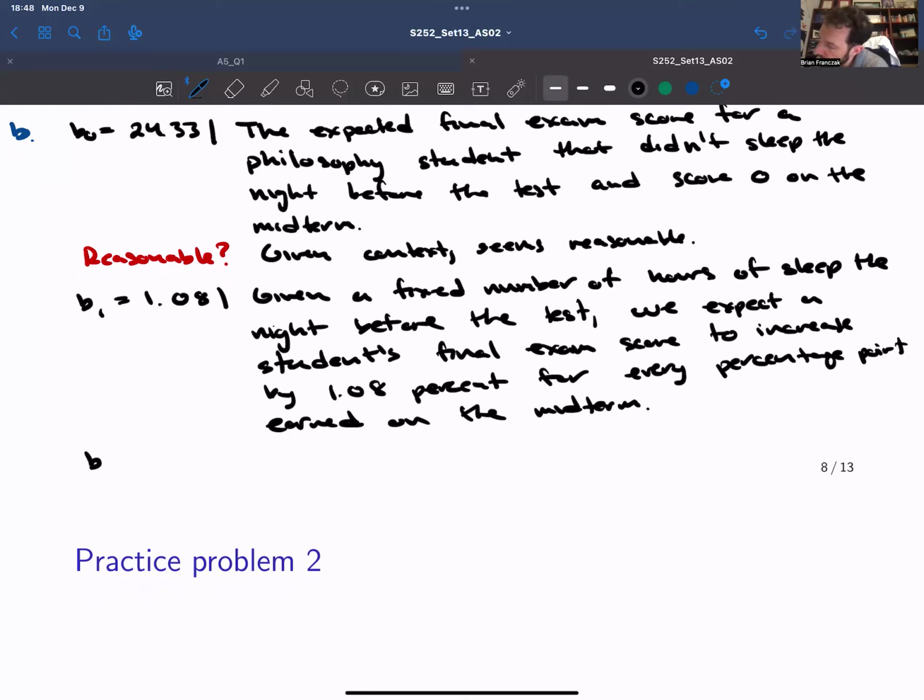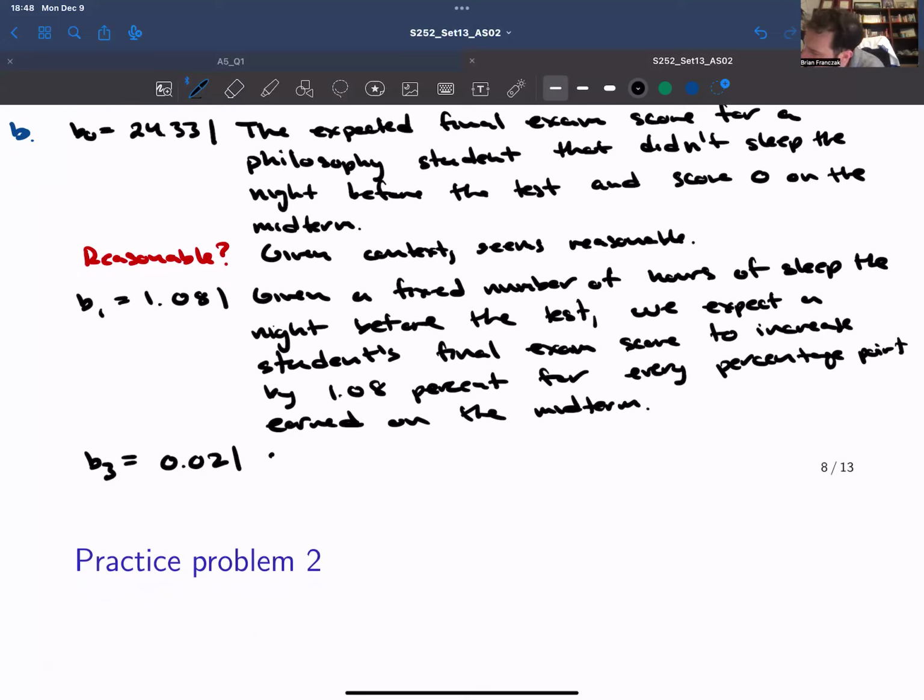Okay, the last thing that we want to do is B3. So B3 is 0.02. And from the problem description, B3 represents the indicator that switches from philosophy to mathematics.